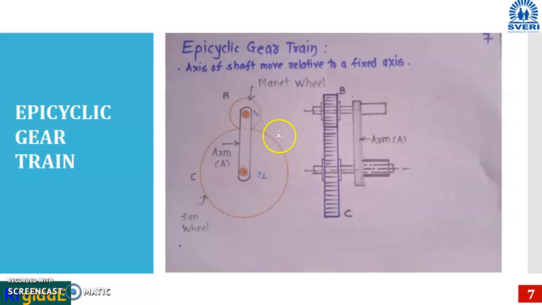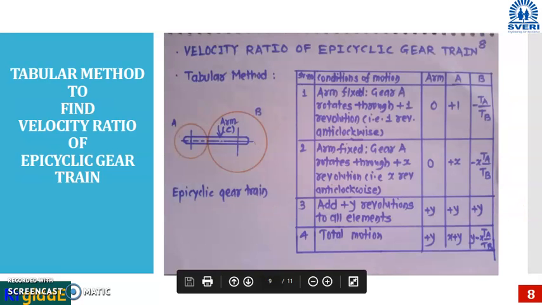In this gear train, at least one of the axes of the shaft moves relative to the fixed one. So such type of epicyclic motion occurs in epicyclic gear train. Therefore, such a gear train is called an epicyclic gear train.